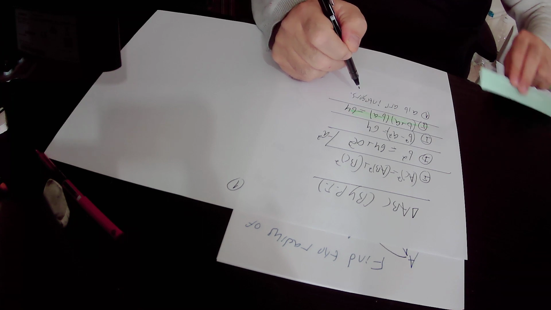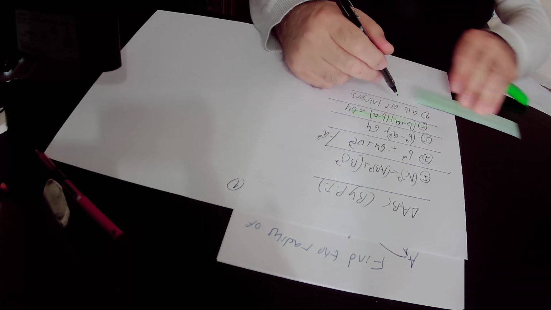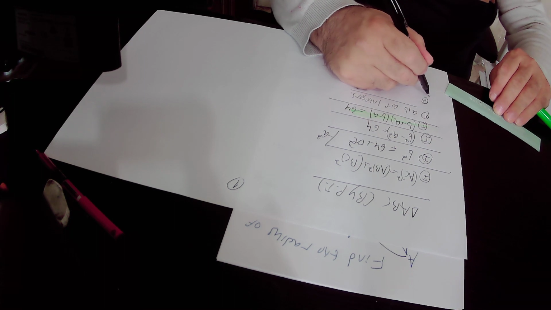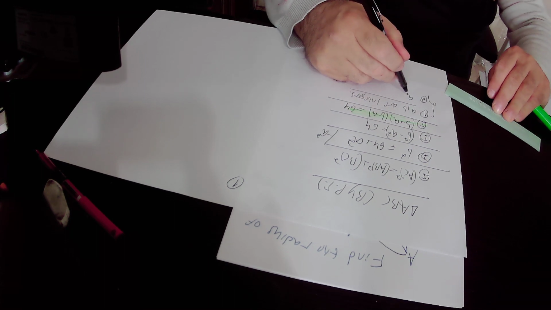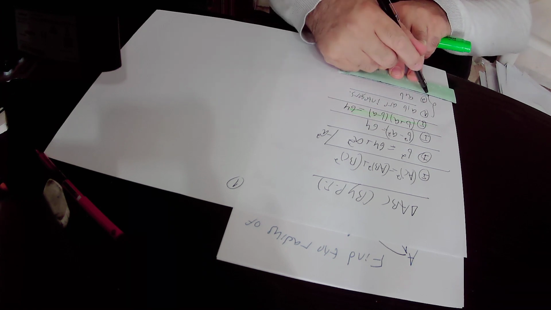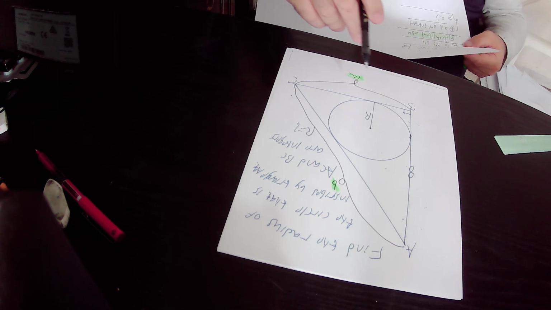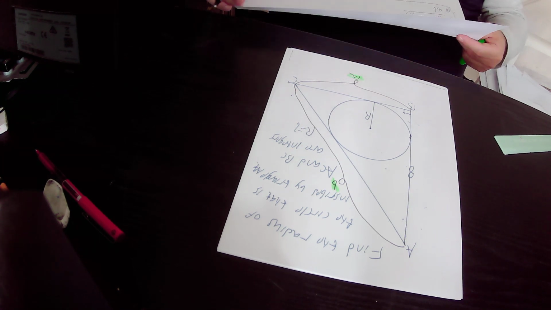And we also know that A and B are the lengths of the sides of the right triangle.